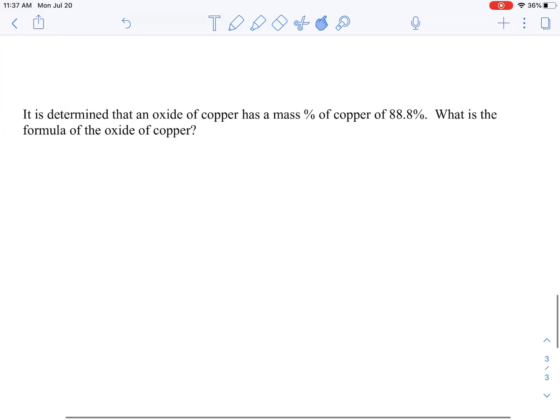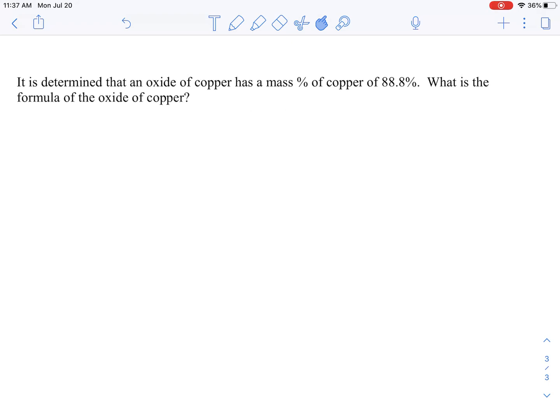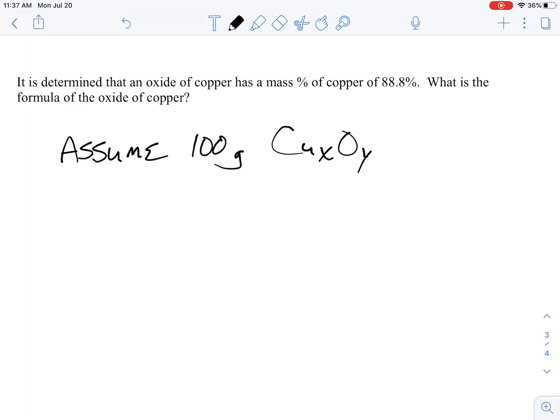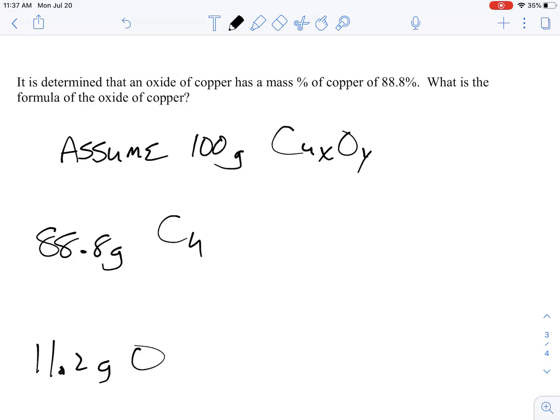Let's try one more. This one says it's determined that an oxide of copper has a mass of 88.8% copper, and what's the formula for the oxide of copper? So again, I am going to assume I have 100 grams of CuxOy. That means I have 88.8 grams of copper and 11.2 grams of oxygen.